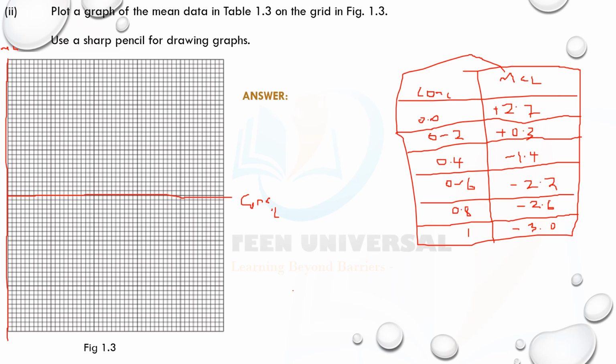Now it's time to choose the scale. The scale must always be 2 cm for all biological drawings.